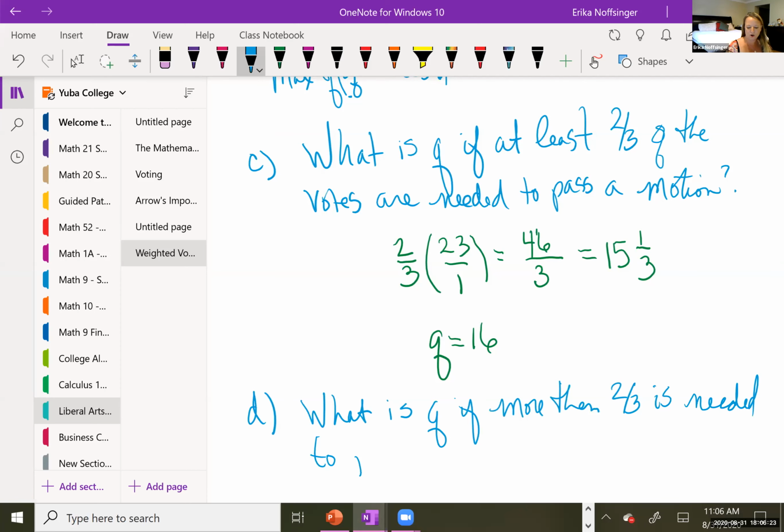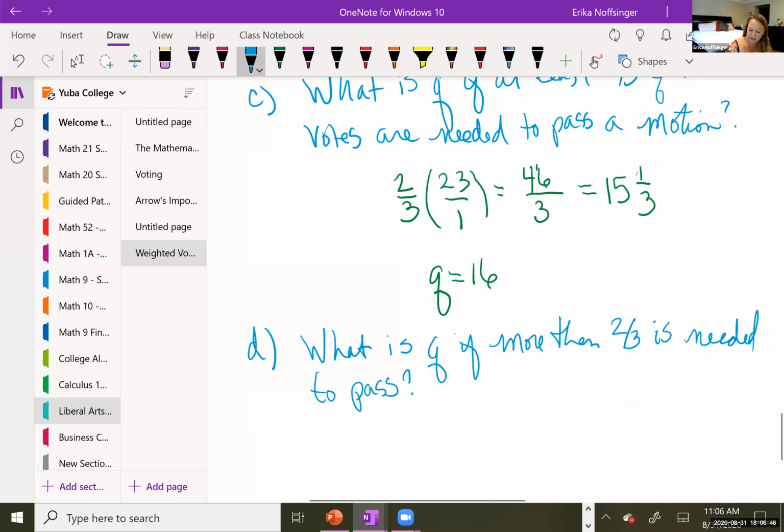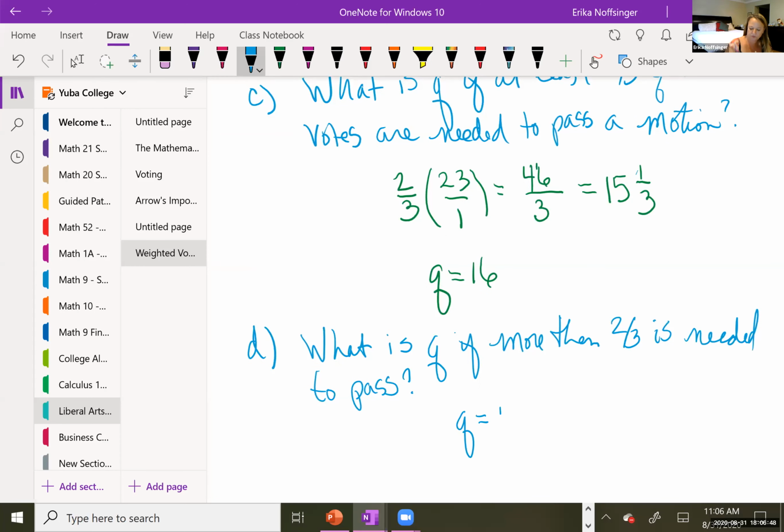Well, if this had been a whole number when I divided and I maybe got 15, well, 15 would not have worked because that's not more than 2/3. But if I look at the next integer greater than 15 1/3, that's 16. So 16 also works. So Q could still be 16 or more, and then it would pass.